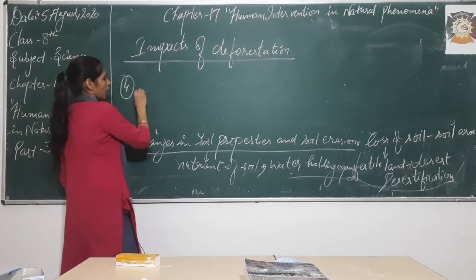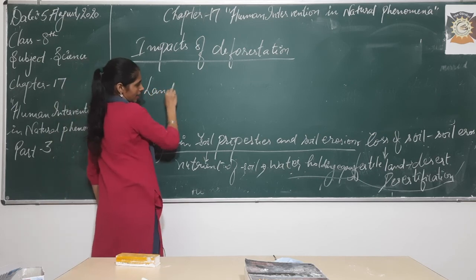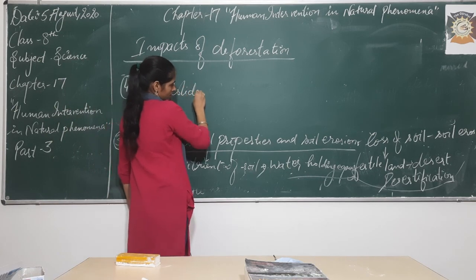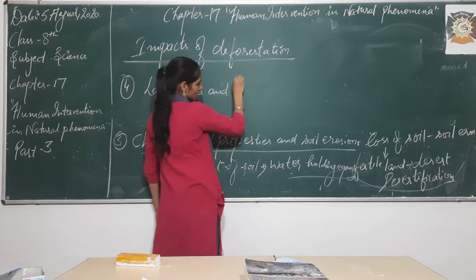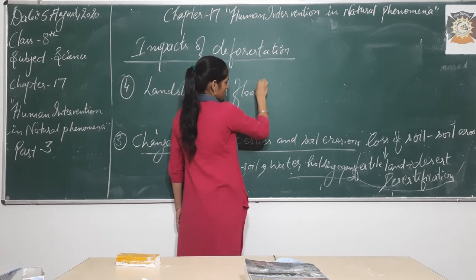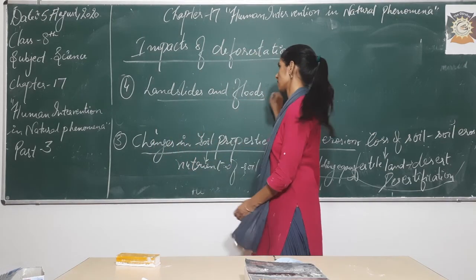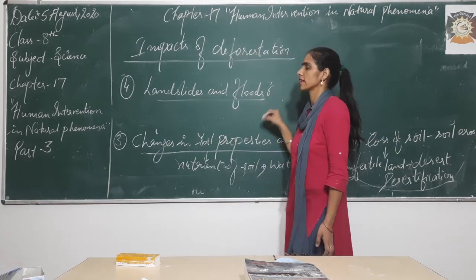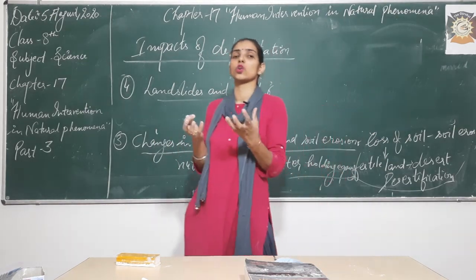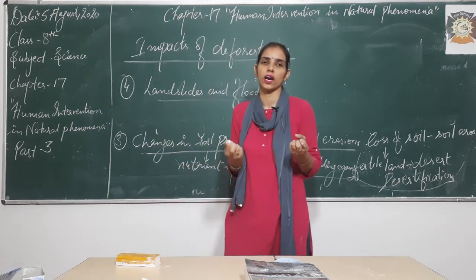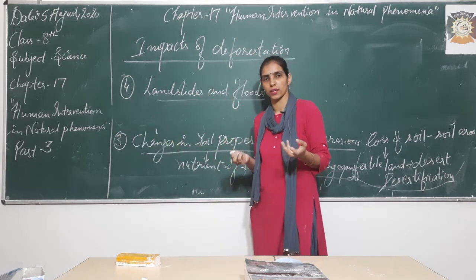The 4th point is landslides and floods. Now, what do we mean by landslides and floods? If there are no roots of trees to hold the soil, what can happen?